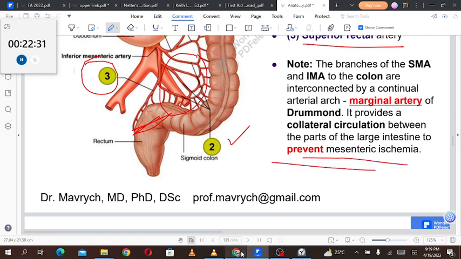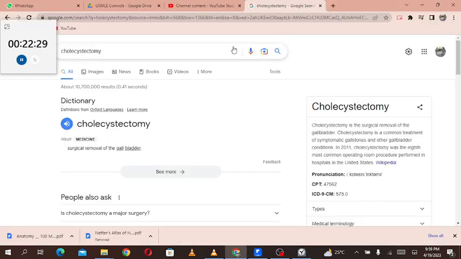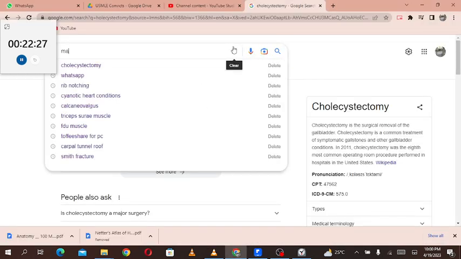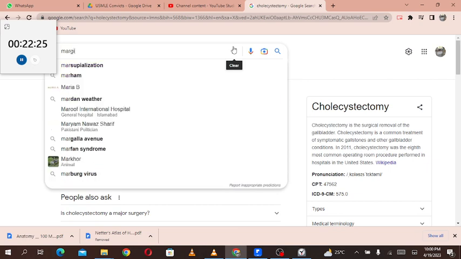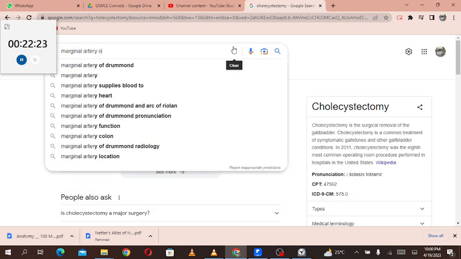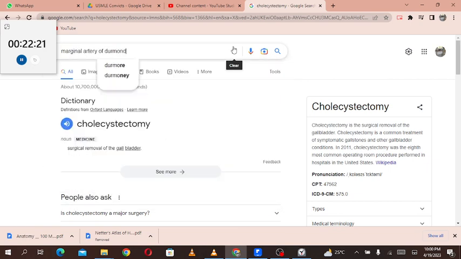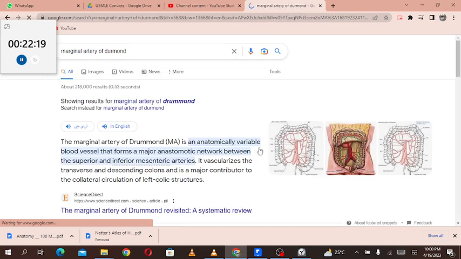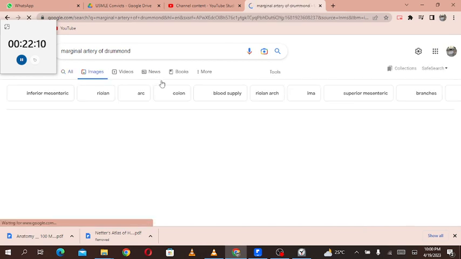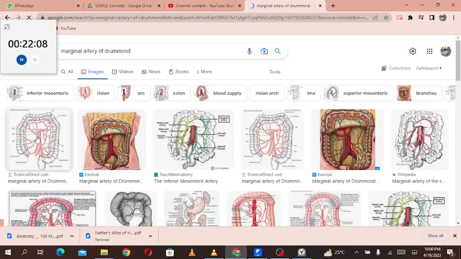So let's see the marginal artery of Drummond. The marginal artery of Drummond is an anatomically viable blood vessel that forms a major anastomotic network between the superior and inferior mesenteric arteries, and the image of that marginal artery is like over here.